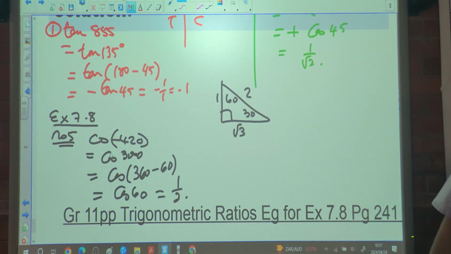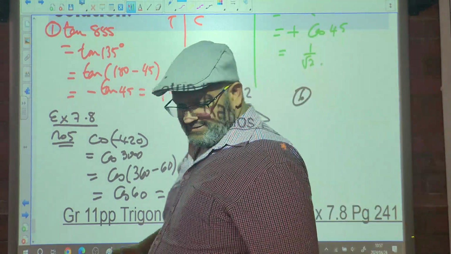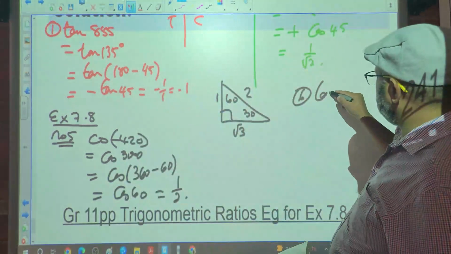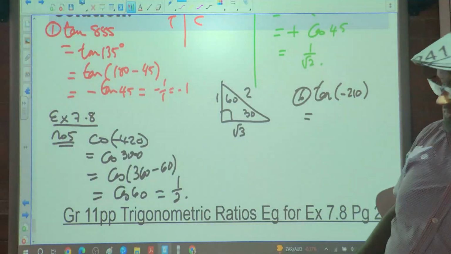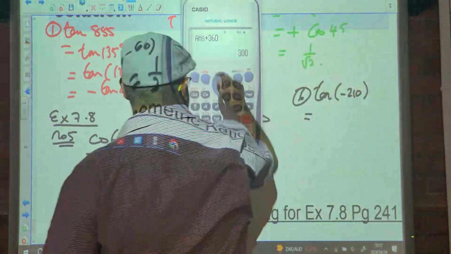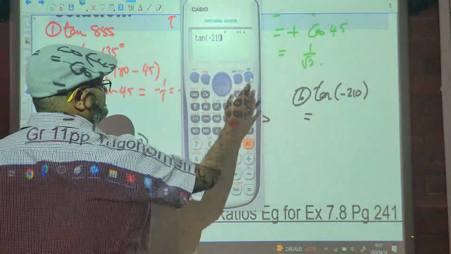Wrong quadrant. Okay. Number 6. Tan of negative 210. So what do I do? You add 360. Tan of negative 210.